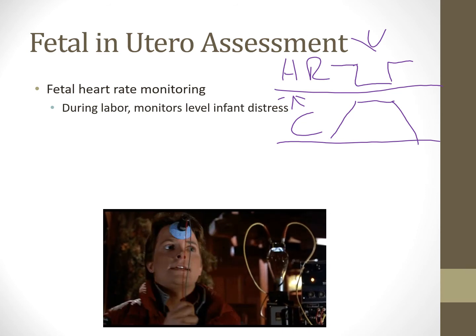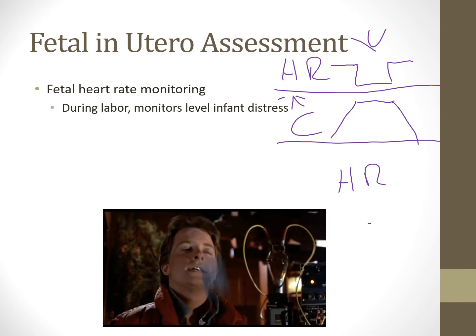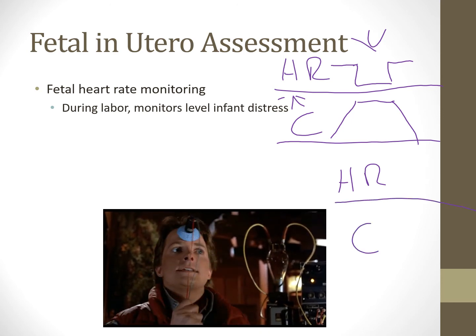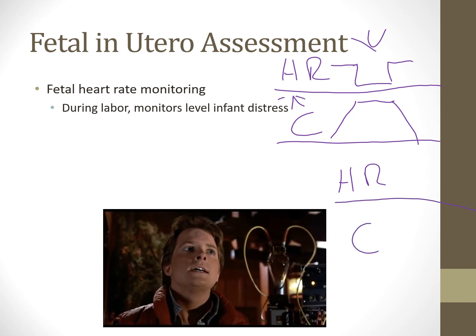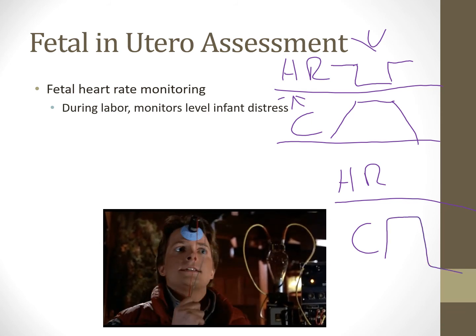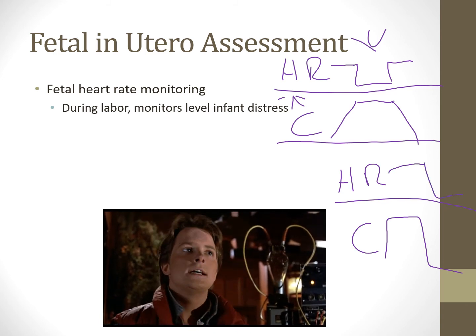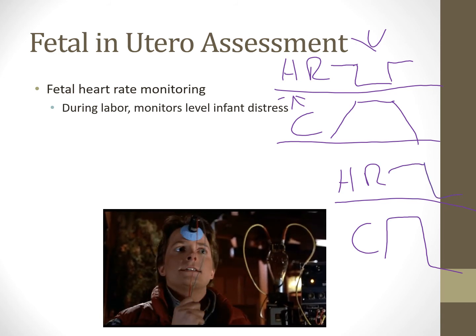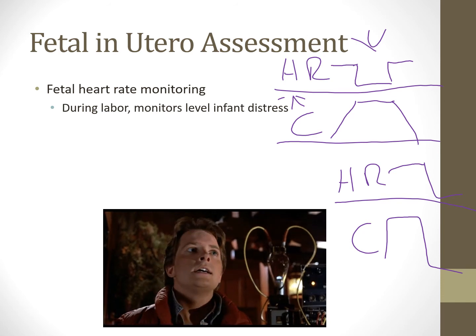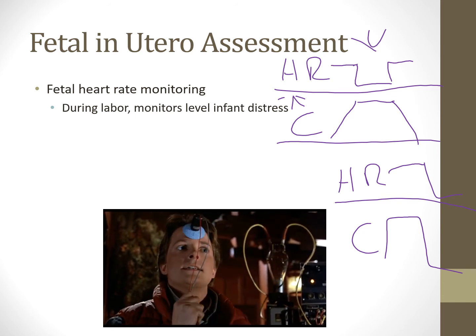Because if you walk into a room and you see the heart rate and the contraction happen, and there's no change in the heart rate, and then the heart rate changes after the contraction, then we're going to have to look at things like late and variable decels. I want you guys to watch that video when we get to that in this course.